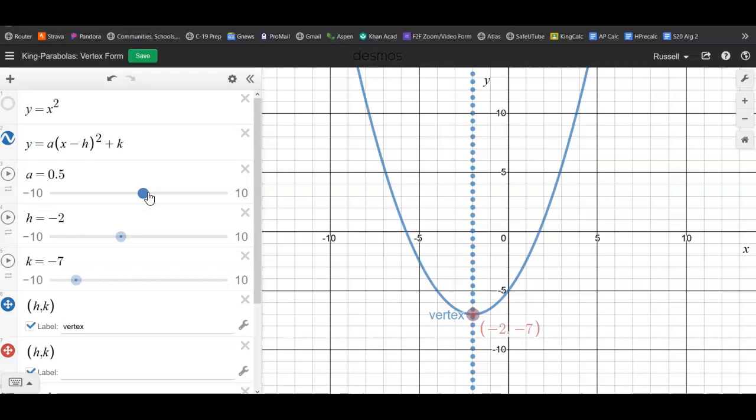Notice what happened. Now, to help you see this, I'm going to graph y equals x squared again so you can see its shape. I hope you notice that the shape of our function, 1/2 times x plus 2 squared minus 7, is wider. It's wider, but the vertex was unchanged.